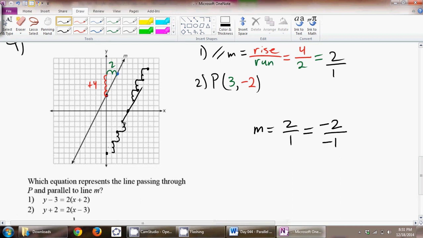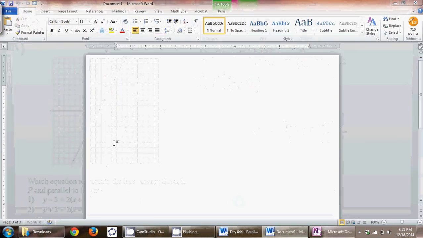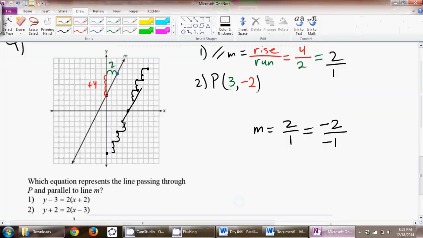Ah, so here is where that line crosses the y-axis.